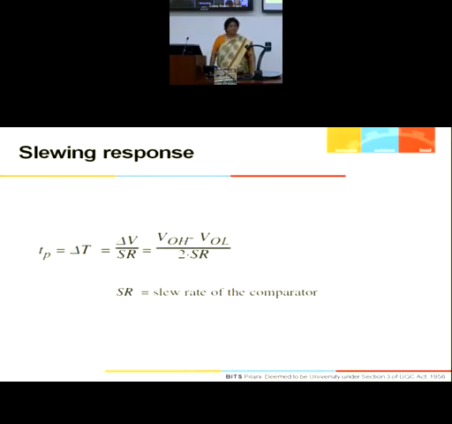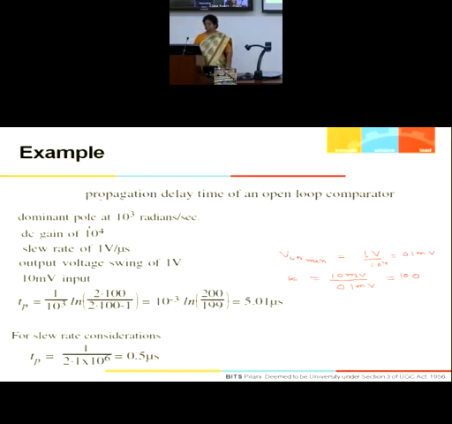That is how we are defining our output. So that output swing divided by the slew rate comes out to be VOH minus VOL by 2 into slew rate. And we know how to compute the slew rate of the comparator; that we have already done.